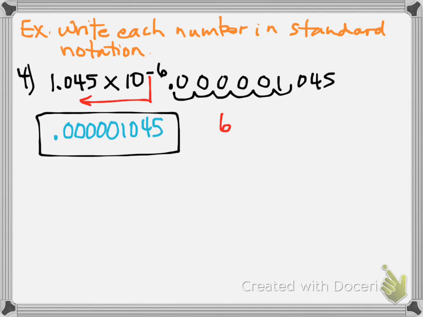The negative just indicates direction, okay? We have 6 digits we need to move, and we take away 1 because all of our decimals will have 1 digit in front. So it takes 1 move to get around it, and that leaves me with 5, which represents the number of zeros.